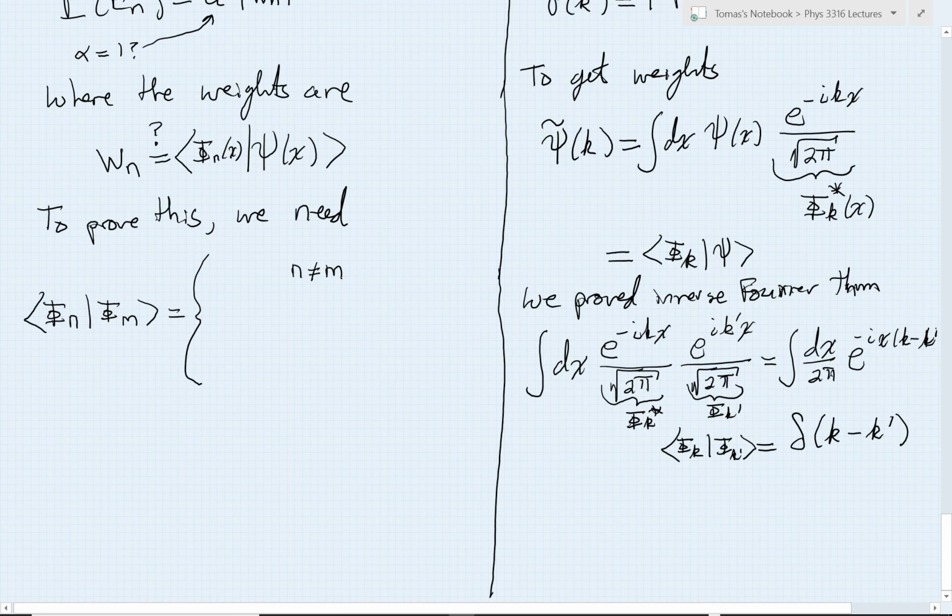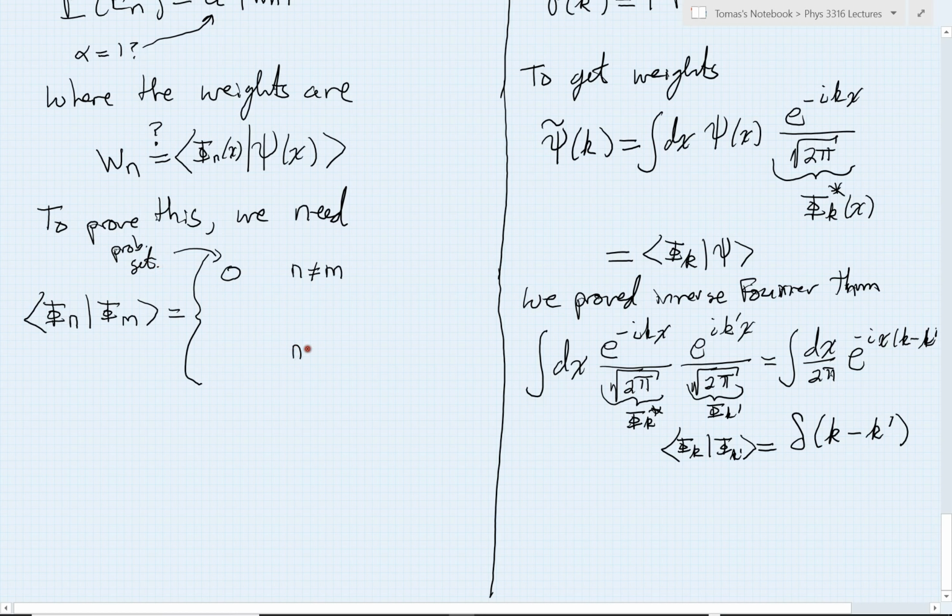You all proved on a problem set that our states have to be orthogonal; their inner product has to be 0. We call it orthogonal because inner product is like a dot product, and when the dot product of two vectors is 0, they are at 90 degrees. So we get 0 in that case, which we proved on a problem set.